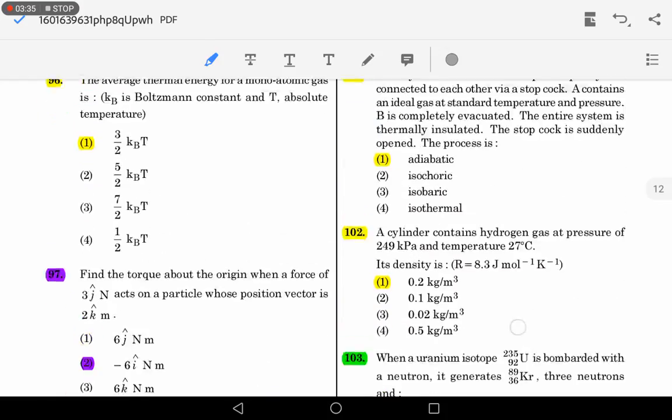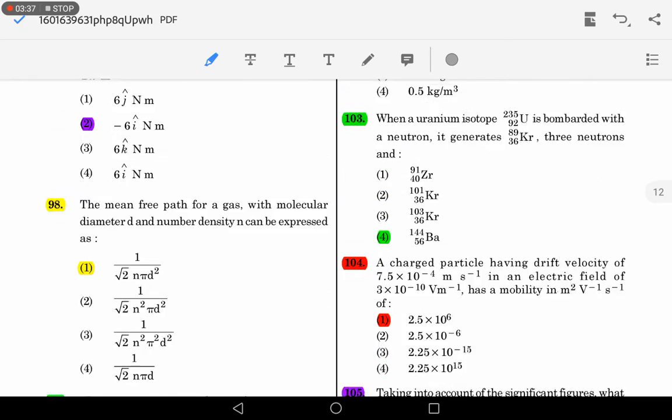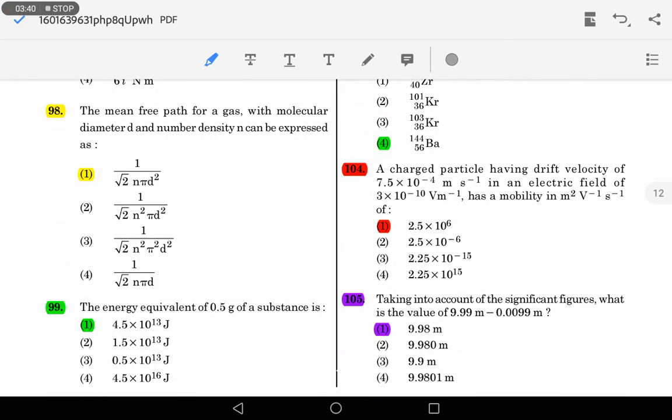So next question, 104. A charged particle having drift velocity of 7.5 into 10 power minus 4 meter per second and an electric field of 3 into 10 power minus 10 volt per meter has mobility. Mobility is the question.